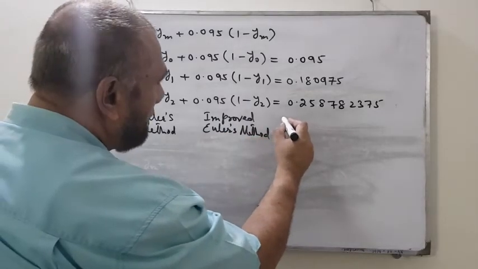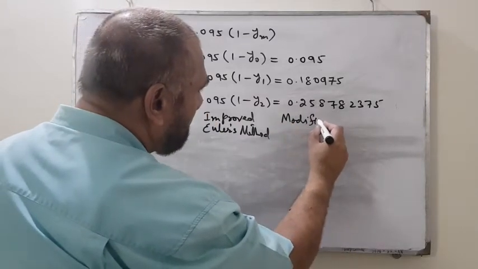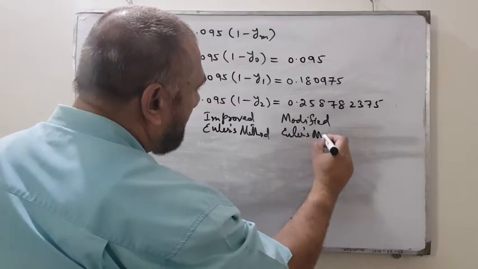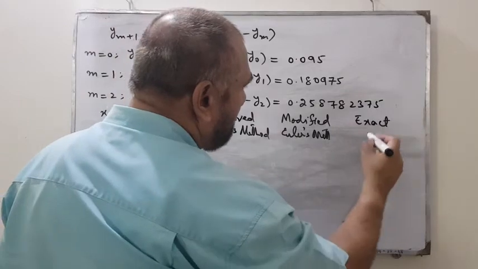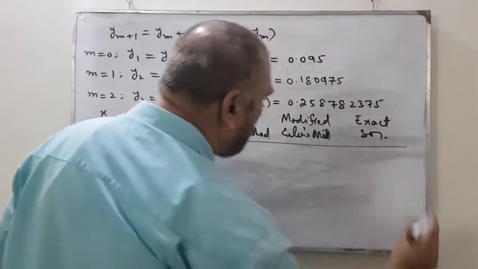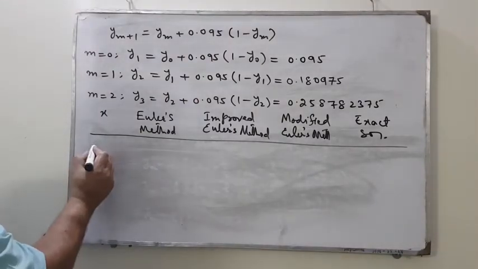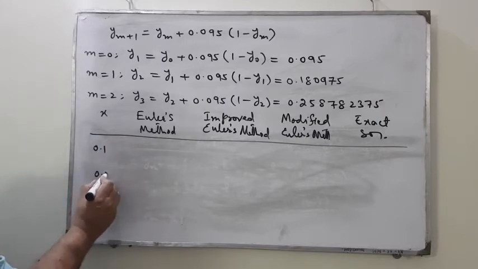Fourth is today's method, which is the modified Euler's method, and the last one is the exact solution. So these are the heads under which we have to substitute the values. The values which we are looking for are 0.1, 0.2, and 0.3.